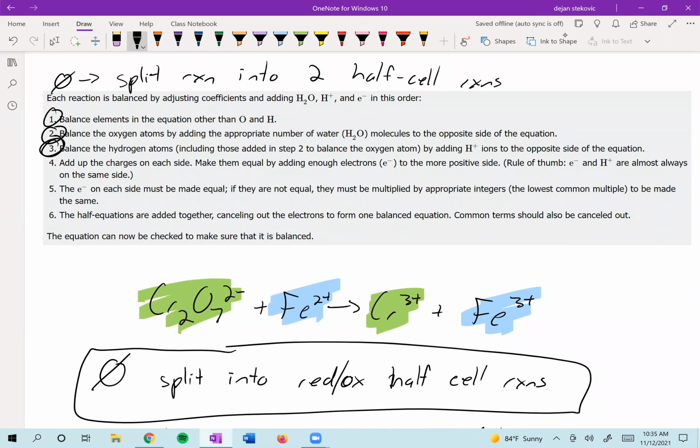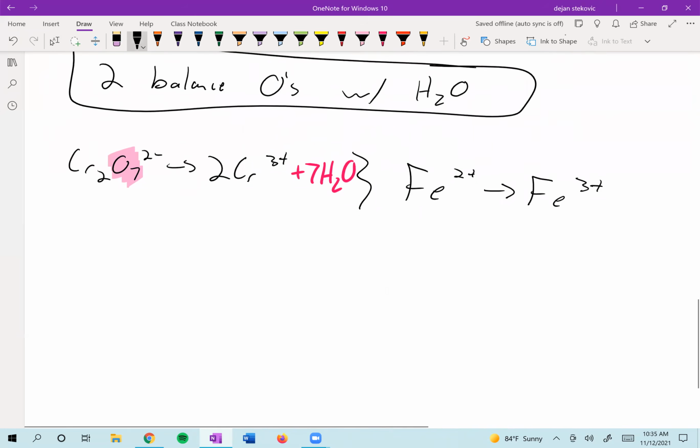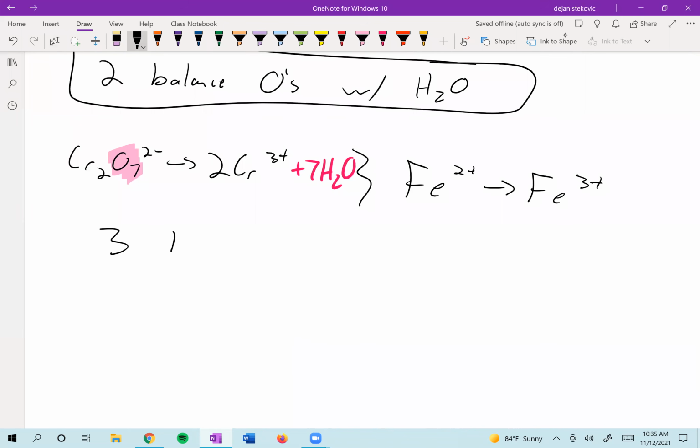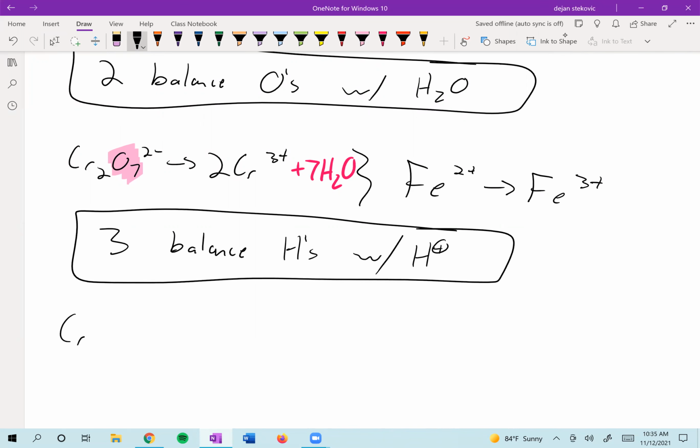We want to balance the hydrogen atoms, including those from the water, by adding H pluses. Again, I'm going to rewrite it. You don't have to rewrite it so many times.